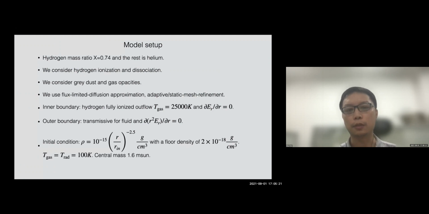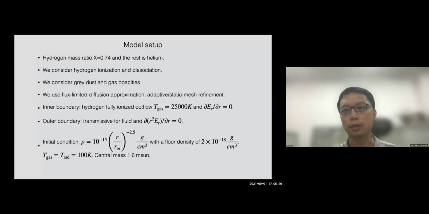The inner boundary is set as an outflow spanning a period of time, and the hydrogen in the outflow is fully ionized at a temperature of 25,000 K, and the radiation gradient is 0. So there is no radiation flow at the inner boundary, but the outer boundary is fully transmissive.